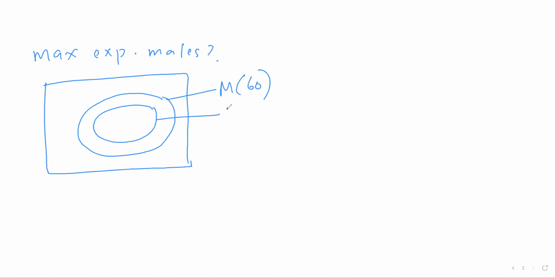All right, and this is the experienced, which is 50. And from this you should know that the females are outside this. So the total is 100. So the females are outside this circle because they are not males. Whoever is experienced is embedded in the male circle. Okay, so this is the case of a maximum overlap.